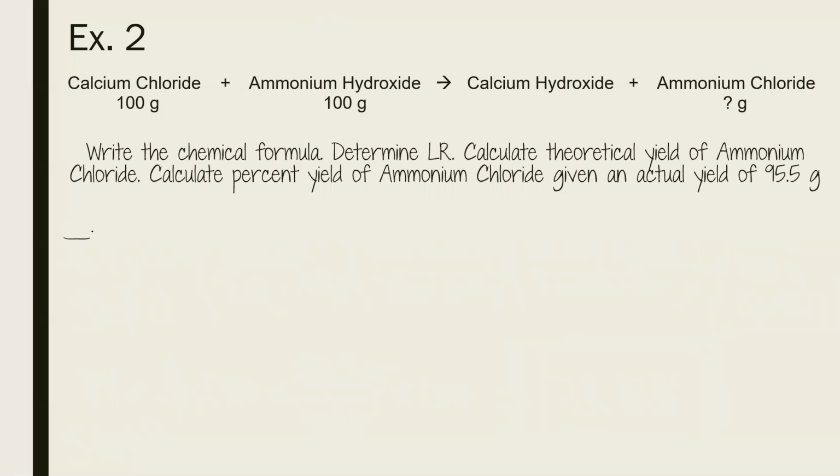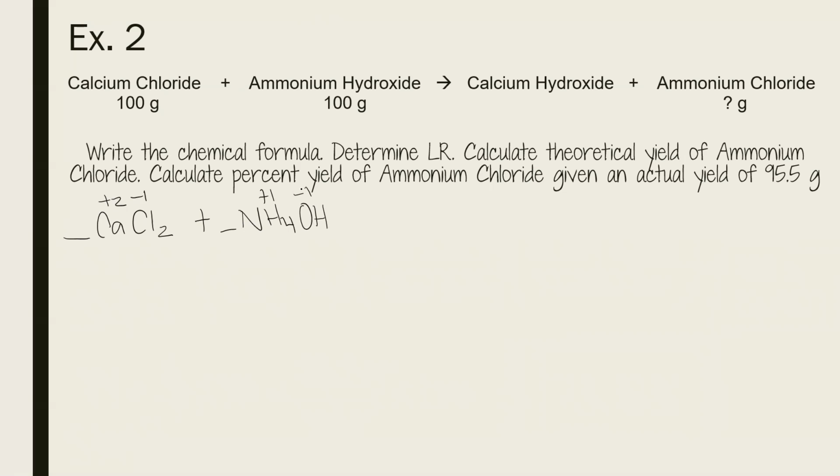Okay, so calcium has a +2 charge. Chlorine has a -1. So I have to crisscross them, and this 2 comes down here. Plus ammonium, not ammonia, NH4, which is a +1. Hydroxide, -1.